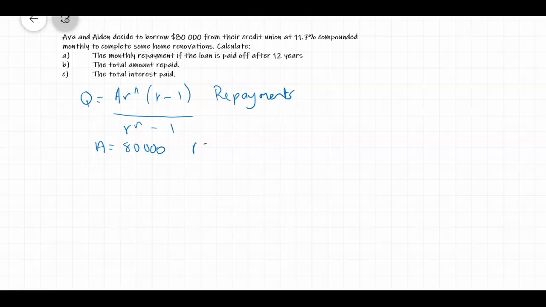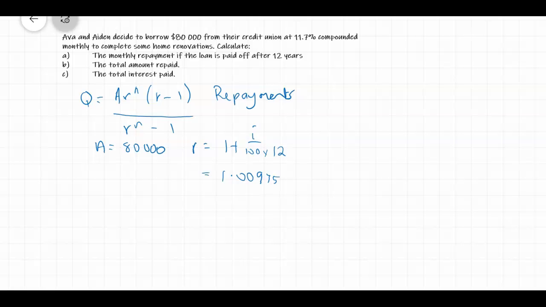R is the same, 1 plus the interest rate over 100, divided by the number of payments per year, which is 12. So if I do that, R is going to be equal to 1.00975.